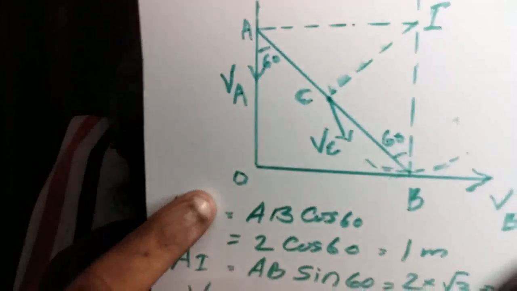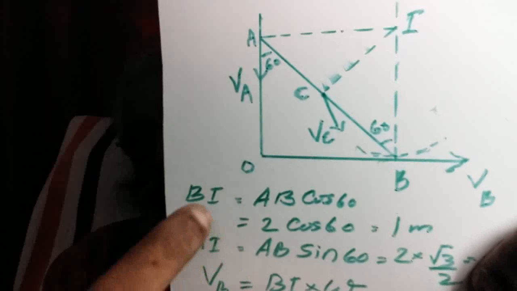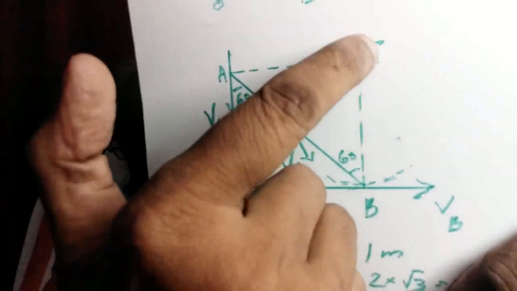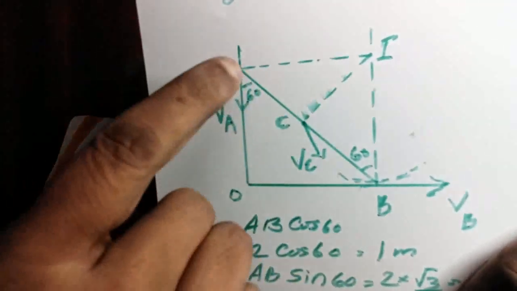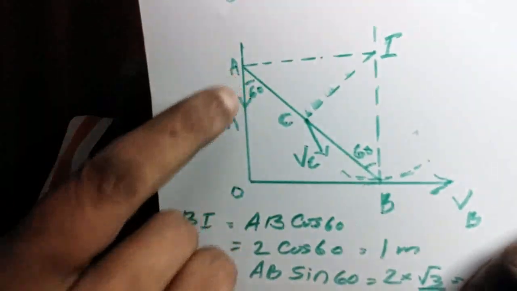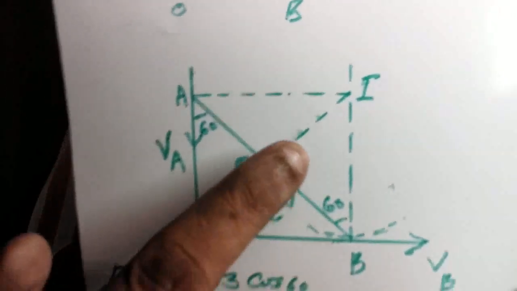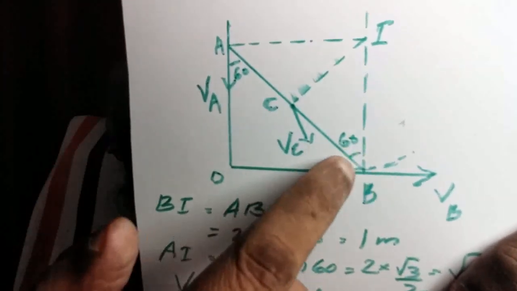Say BI, you take this right angled triangle. This is BI. So you can solve BI using this right angled triangle AB. Just take cos 60.